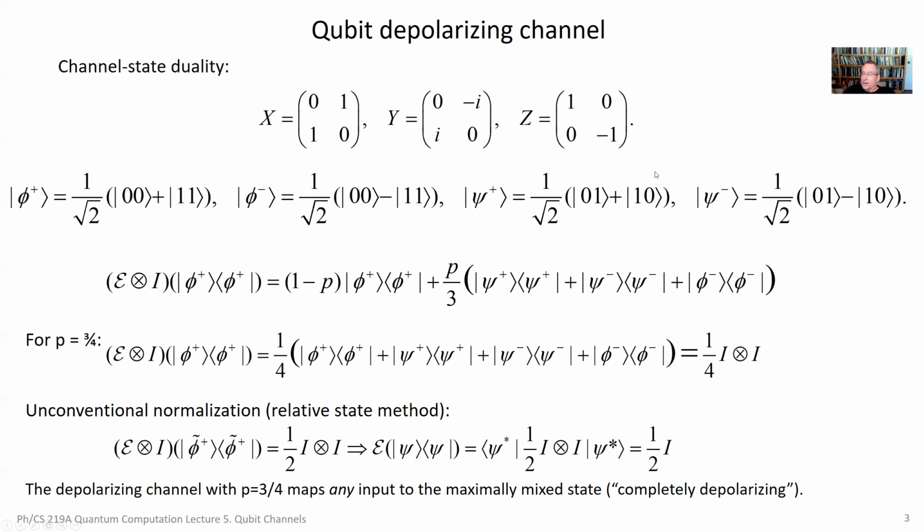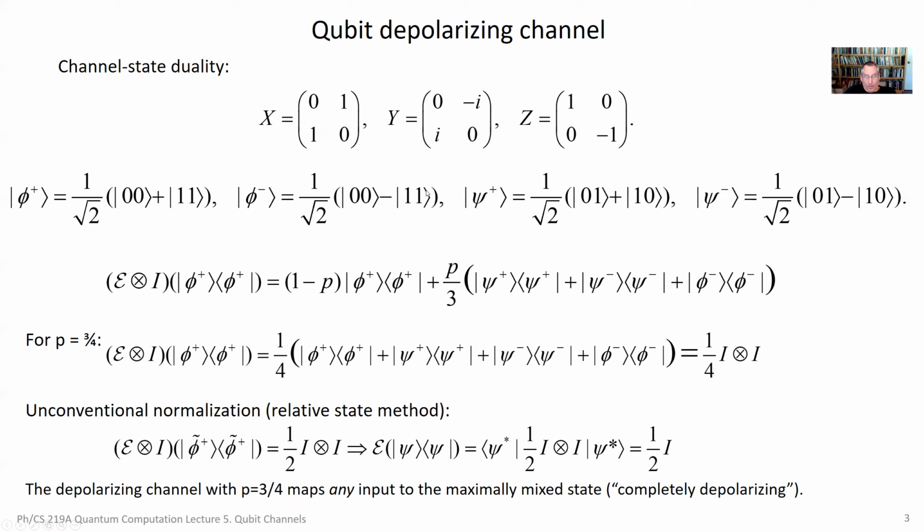And if I consider Z acting on one of the two qubits, the first qubit, say, in phi plus, that's going to change the relative phase of the 0 and the 1. So that's going to map phi plus to what I call phi minus. It becomes 0, 0 minus 1, 1. And so we also have a term here in which the projection onto phi plus has been mapped to the projection onto phi minus.